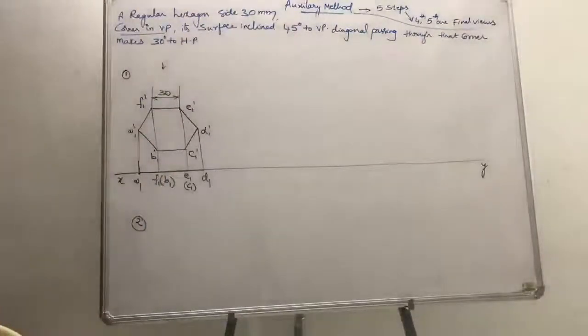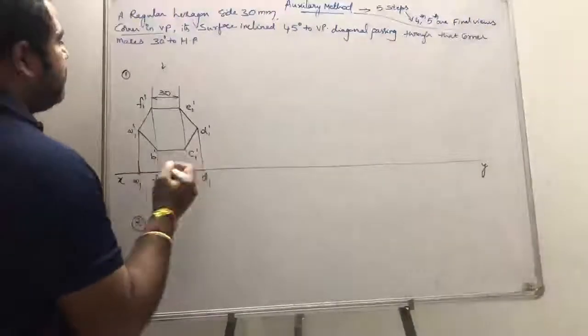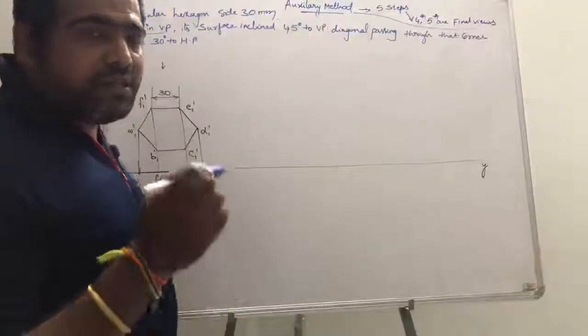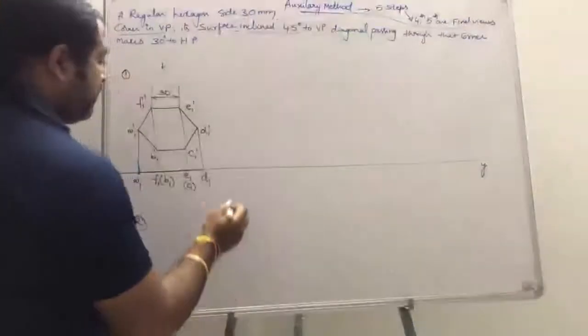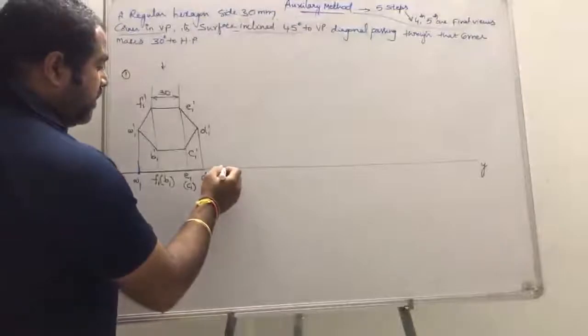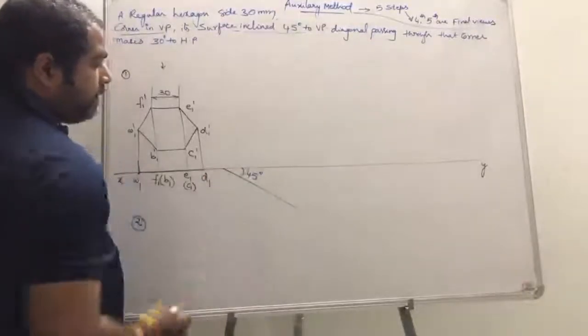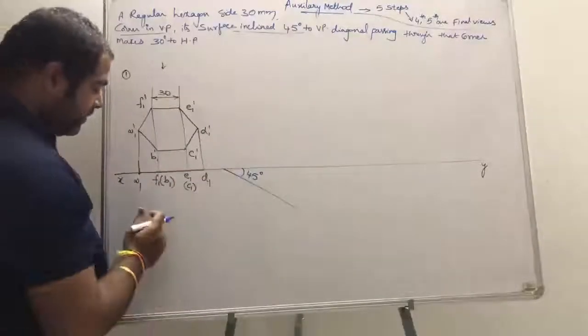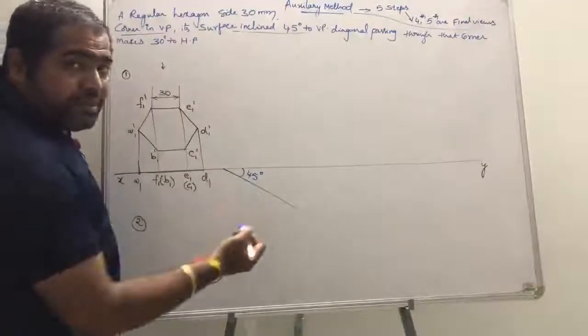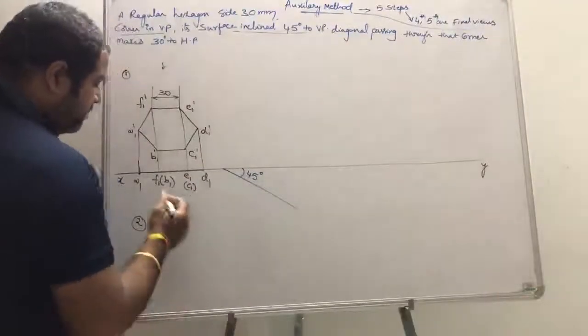Next, here the surface inclination is considered. Always in the second stage we consider the surface inclination. The surface is inclined 45 degrees to VP, so draw a line at 45 degrees and reconstruct the top view, which is obtained at 45 degrees, as the consecutive step.